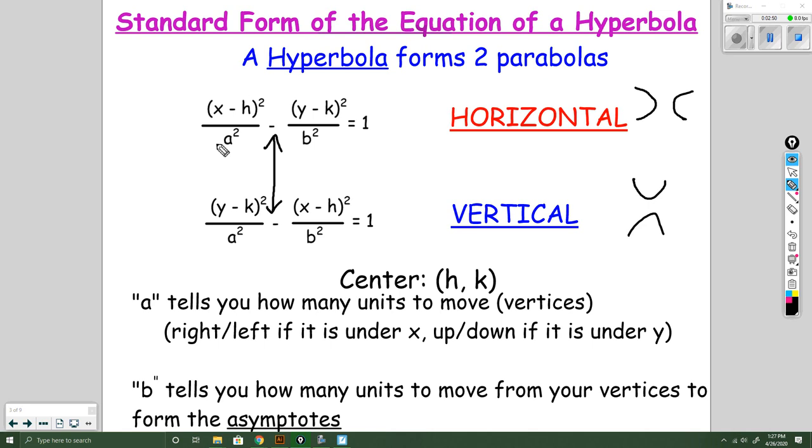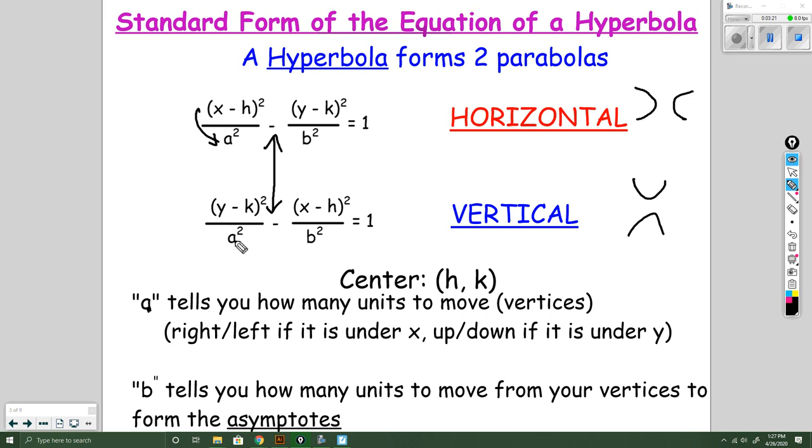All right, the center point is still the same. It's h comma k, and we're still going to find a and b, except that a doesn't necessarily mean how many units we're going to go to the right and to the left. It depends on the equation. a is always first, so if x starts the equation, meaning this is a horizontal hyperbola, then a says how many units we move to the left and to the right.